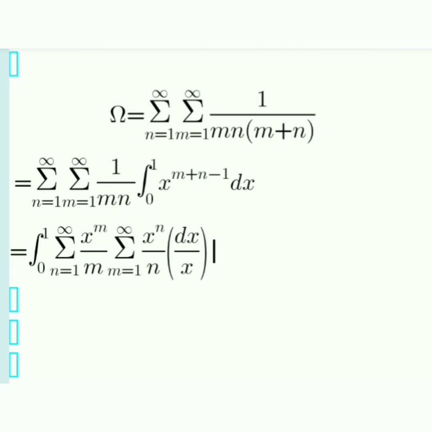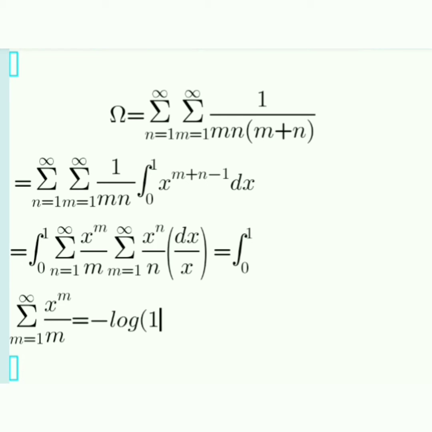Next, whatever I have to do, from 0 to 1, you will see that the summation of x to the power m divided by m, m equals 1 to infinity, is equal to minus log of 1 minus x, because the formula for log 1 minus x is minus the sum of x to the power m divided by m.